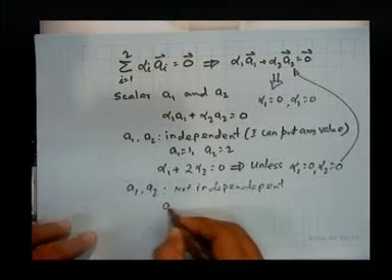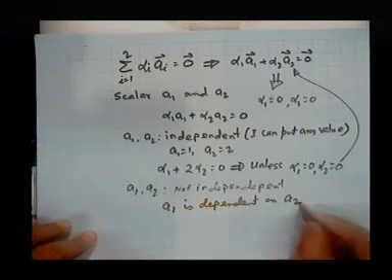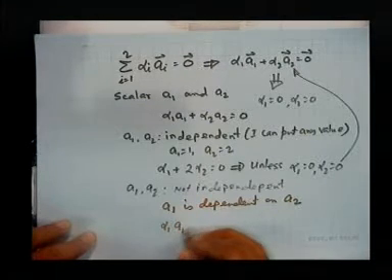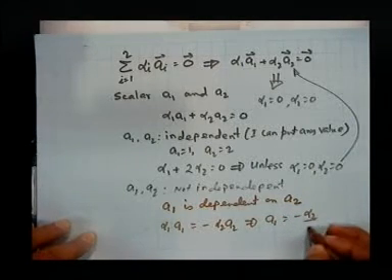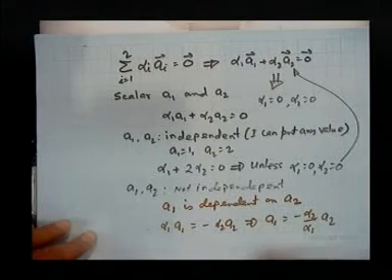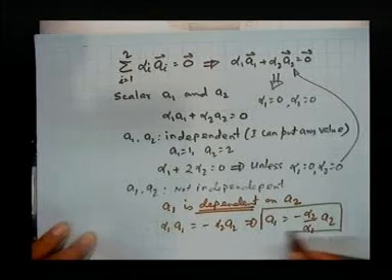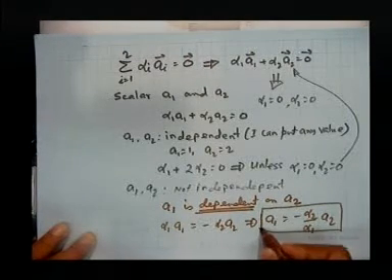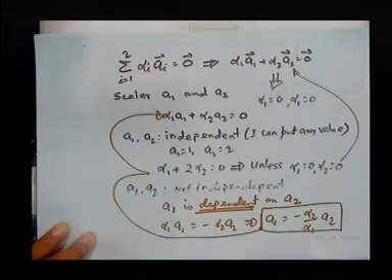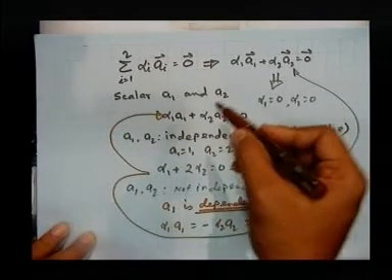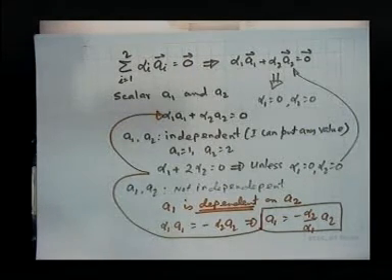So A1 is dependent on A2, then alpha 1 A1 is equal to minus alpha 2 A2. In that case, A1 is equal to minus alpha 2 over alpha 1 times A2. So if they are dependent, then this relation is satisfied to make this condition 0. But if A1, A2 are independent, then to satisfy this one, this has to be true. That is the explanation I wanted to give you.